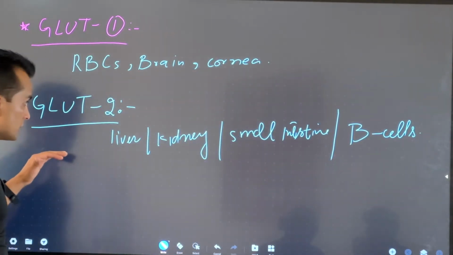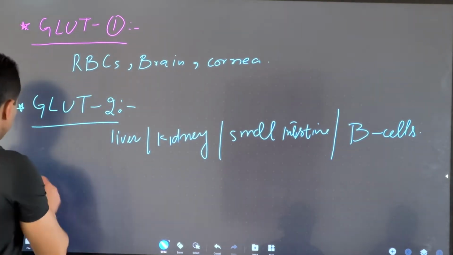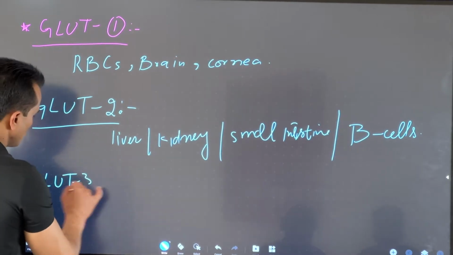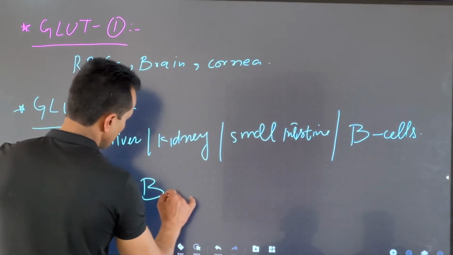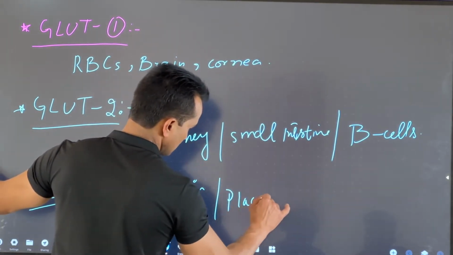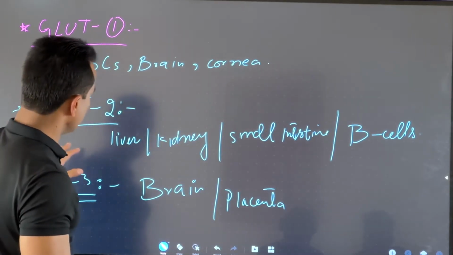Also this transporter is not dependent on insulin, it's independent. Then number 3, glucose transporter 3, it also transports glucose into brain, also in placenta, brain and placenta. So these first 3 are independent.